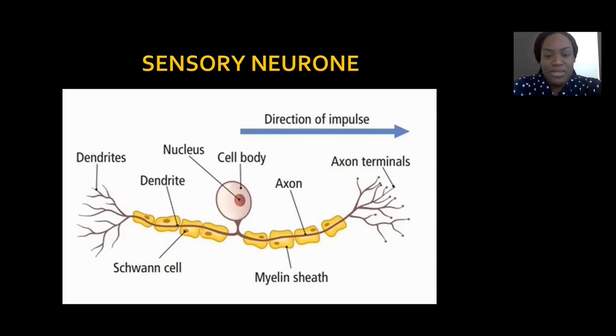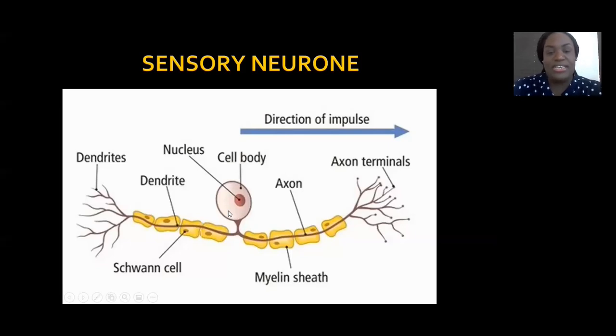What's most noticeable about this sensory neuron is the location of the cell body, okay, which looks like a little circle off to the side, right in the middle of the cell, okay? And in the cell body, you will see a nucleus as well as the cytoplasm, okay, which is all of the fluid that is surrounding the nucleus.